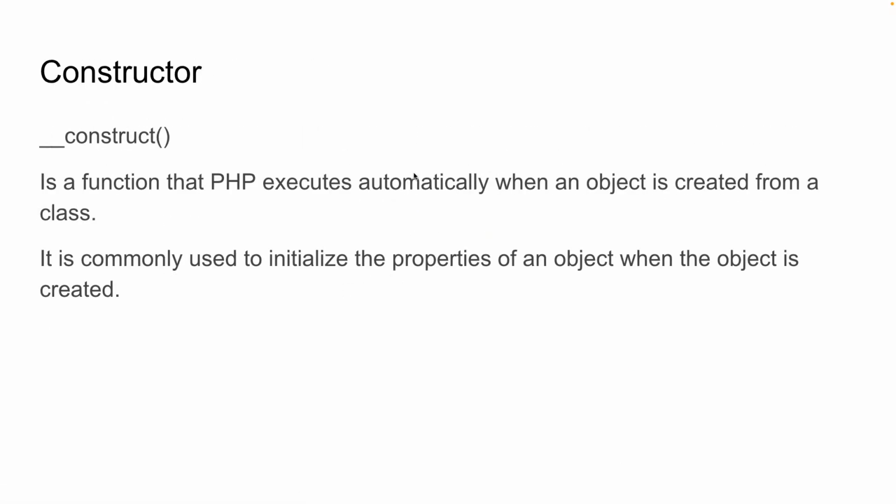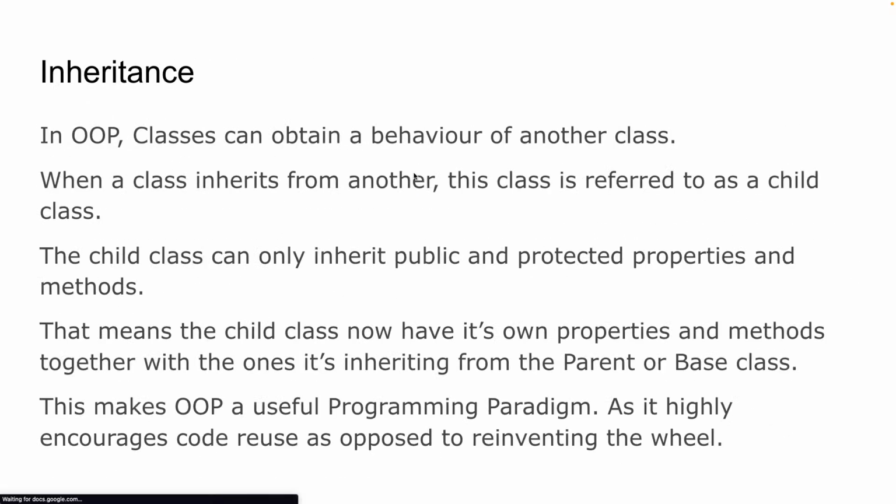So what is inheritance and why is it important? In object-oriented programming, a class can inherit the behavior of another class. When a class inherits another, the inheriting class is referred to as a child class. The one being inherited is referred to as a parent.